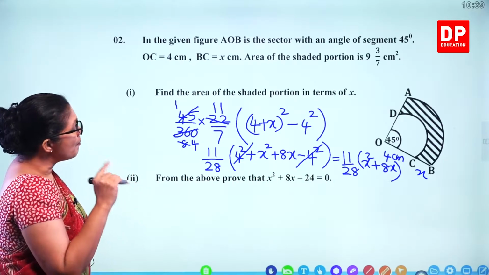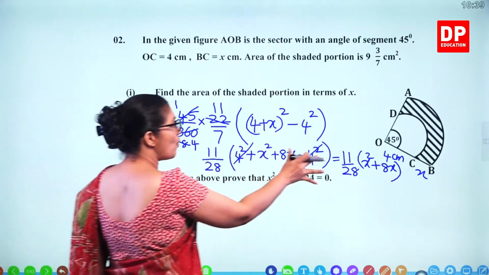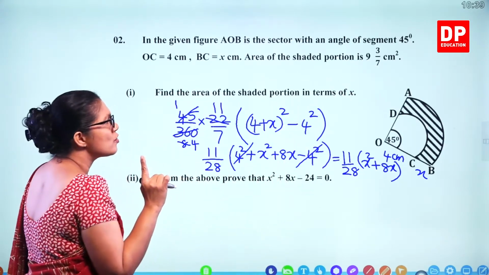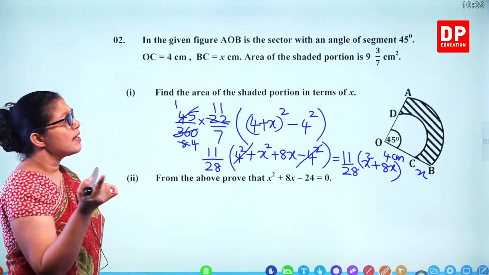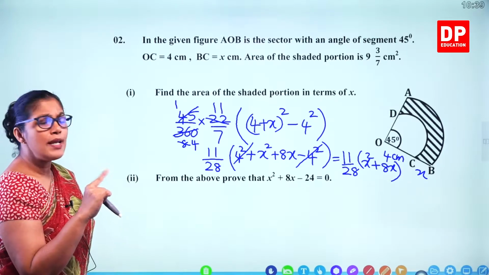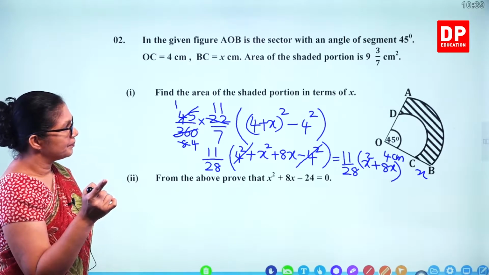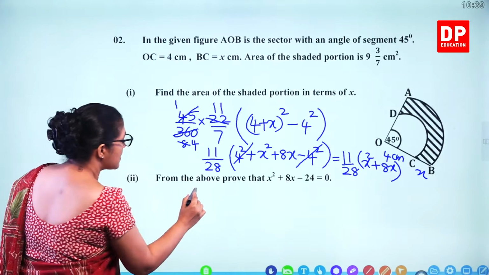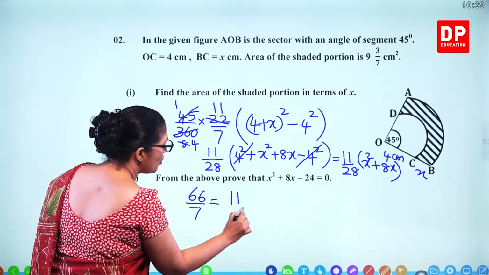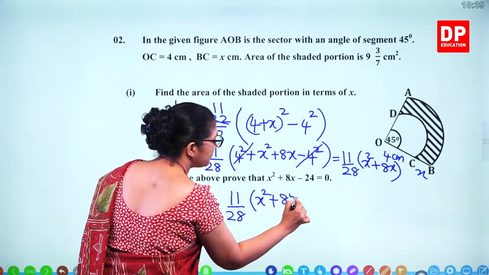From the above, prove that x squared plus 8x minus 24. Now we know the shaded area is this much. So you can equate. So what is 9 3 over 7 as an improper fraction? 9 times 7, 63 plus 3, 66. So 66 over 7 is equal to 11 over 28 x squared plus 8x.